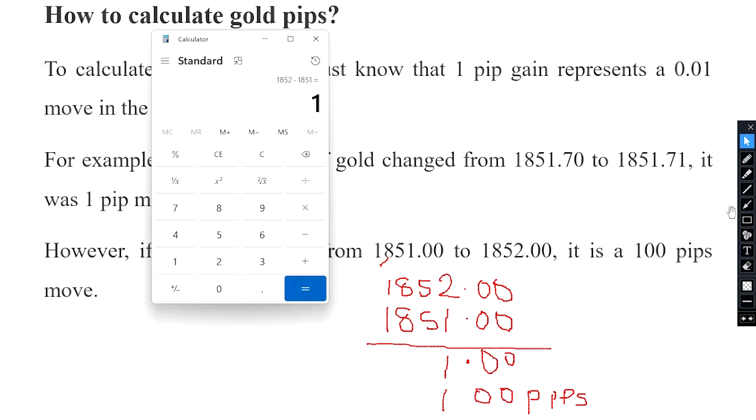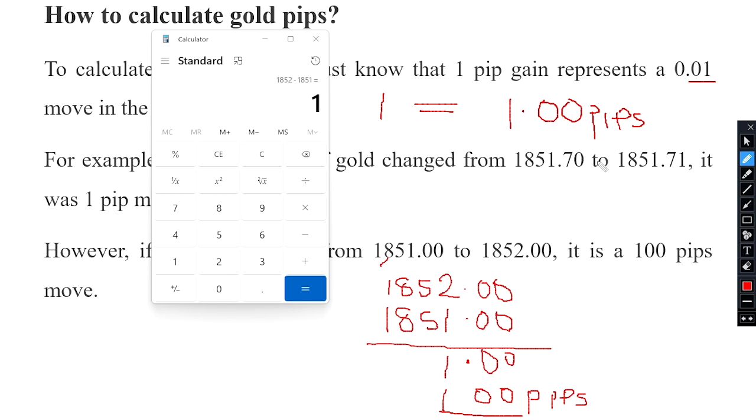And of course, if you're a mathematician, you will know that 1 is the same thing as 1.0. But remember, we need 2 numbers after the decimal. So we're going to add another 0 to make it 100 pips that we have here. So that is the reason why we say that the gain in gold is represented by a movement of 0.01.